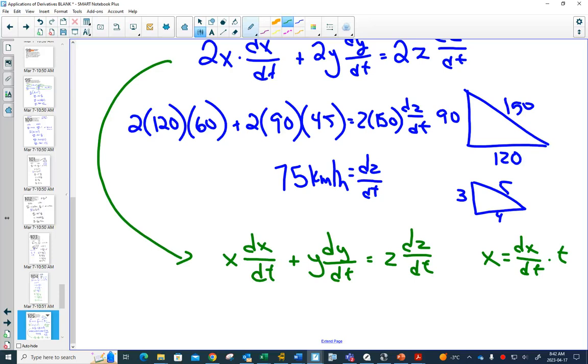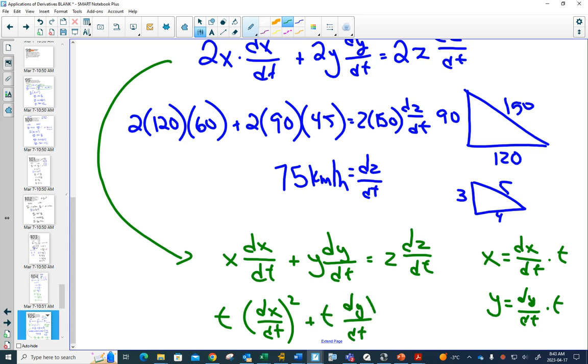And can you see that I could do that with y? Since it's speed, y's speed is dy dt times time, and same thing with z. And if I substitute those into this equation, I would now get, instead of x, t times dx dt squared plus t times dy dt squared equals t times dz dt squared.